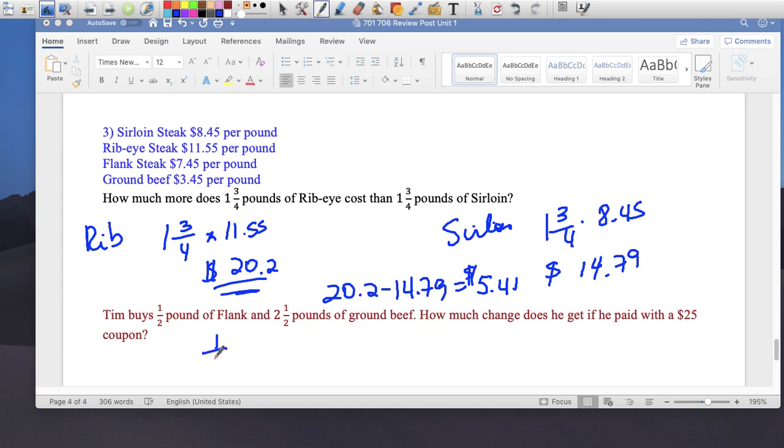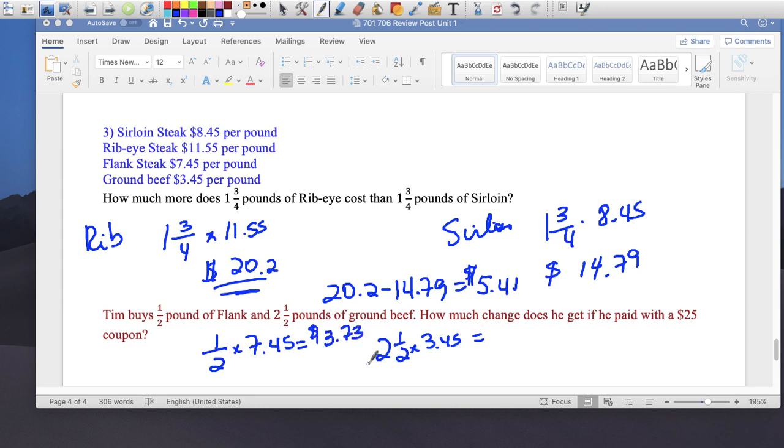Tim buys half a pound of flank times 7.45, and then he buys 2.5 pounds of ground beef times 3.45. So let's figure out how much this is. This is going to be 3.73.